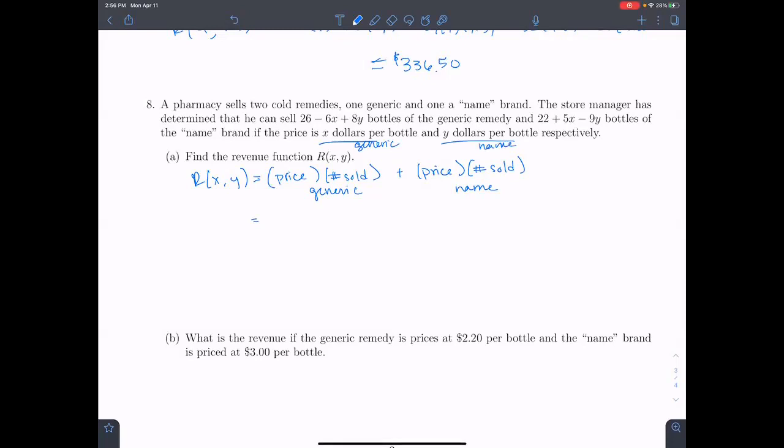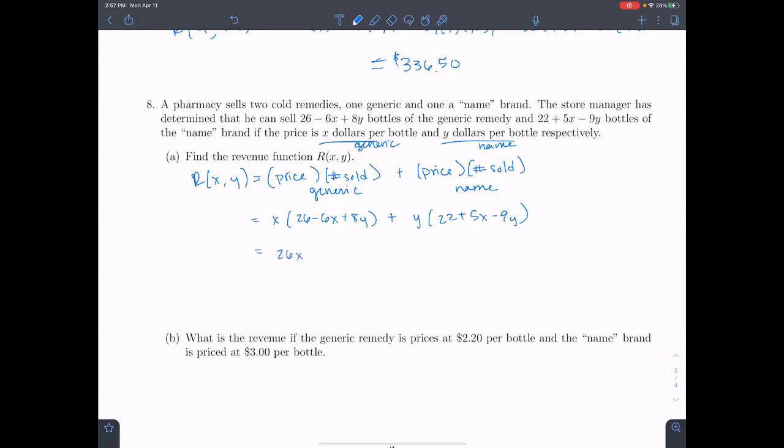So the price for the generic one is X. The number sold is 26 minus 6X plus 8Y. The price for the name brand is Y, and the number sold is 22 plus 5X minus 9Y. And we want to clean that up.